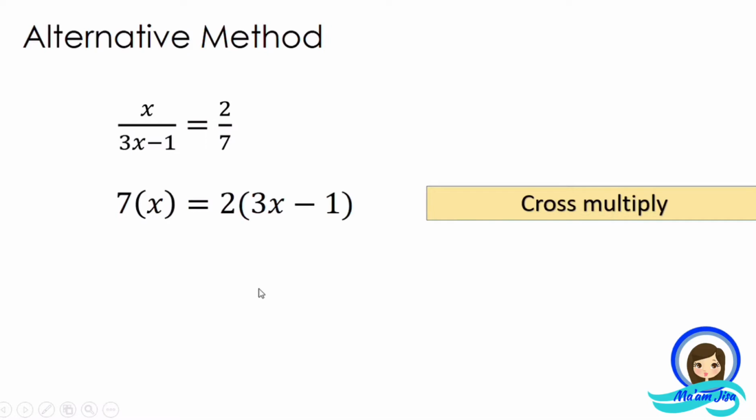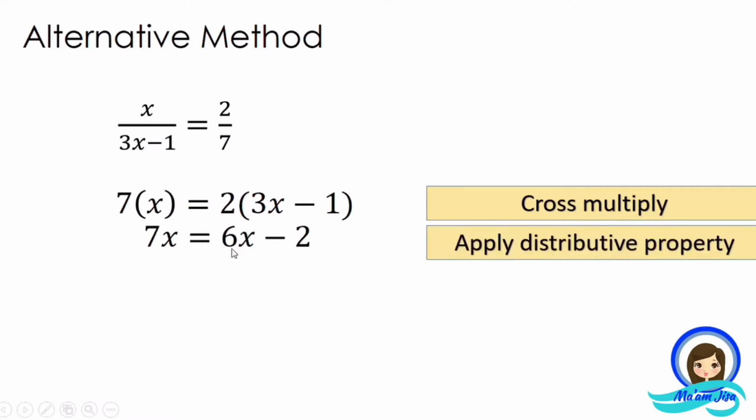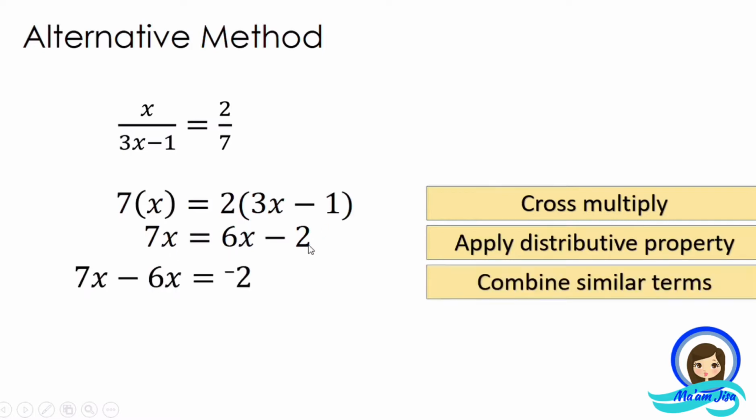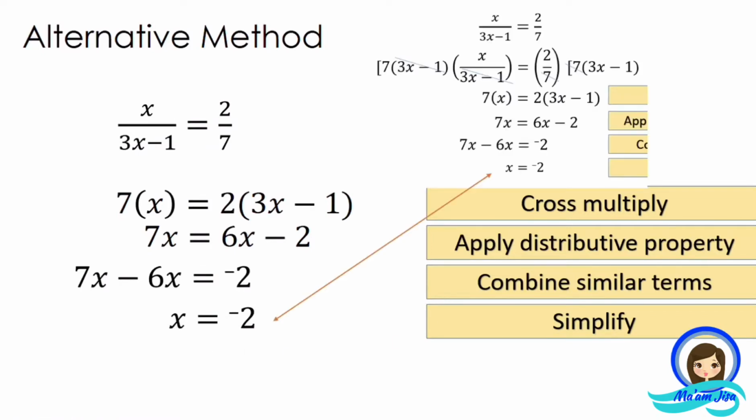Applying the distributive property, we have 7x equals 2 times 3x is 6x, 2 times negative 1 equals negative 2, and then combining similar terms, we have 7x minus 6x equals negative 2. Simplifying, we have x equals negative 2, which is actually the same as our solution in the first method.